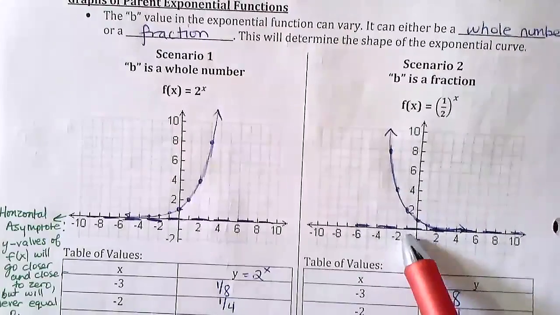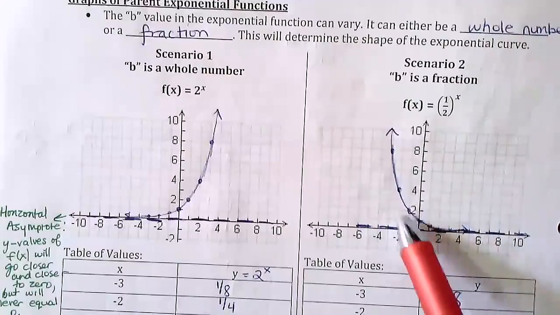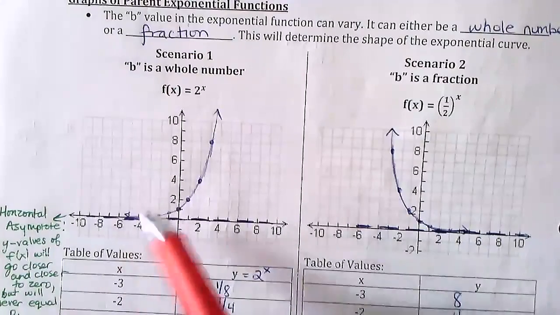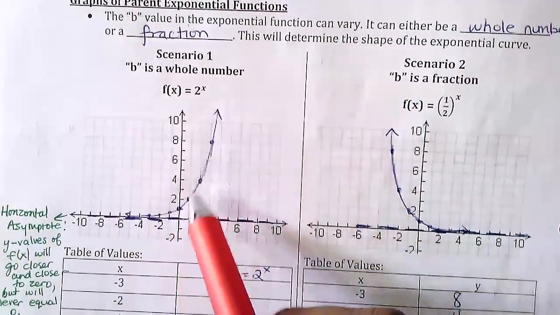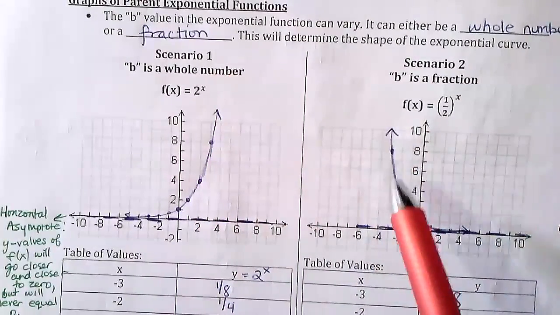Then from -2 to -1, the y value drops by half again. From -1 to 0, the y value drops by half again. So this represents exponential decay because it's decaying at a very fast rate. The y values are dropping by half each time. So again, this represents exponential growth, where it's going to grow rapidly. Here is exponential decay, where it's going to decay rapidly.